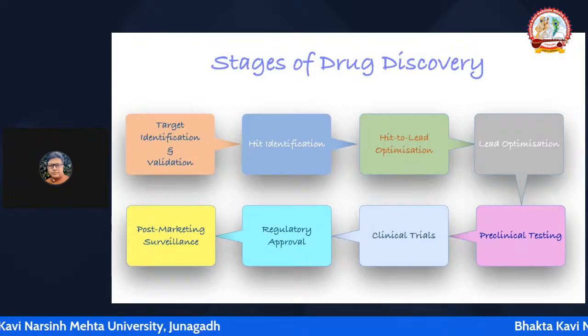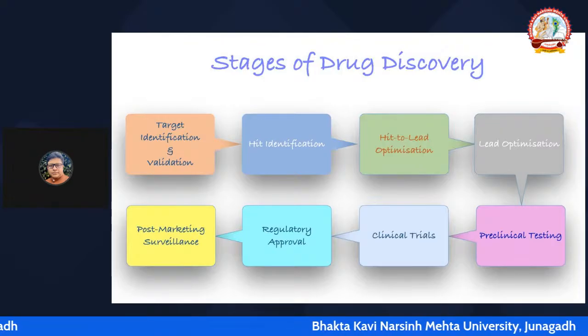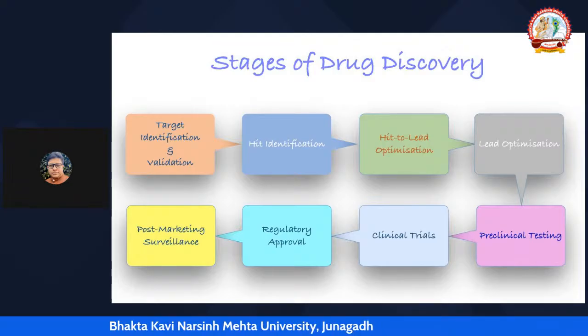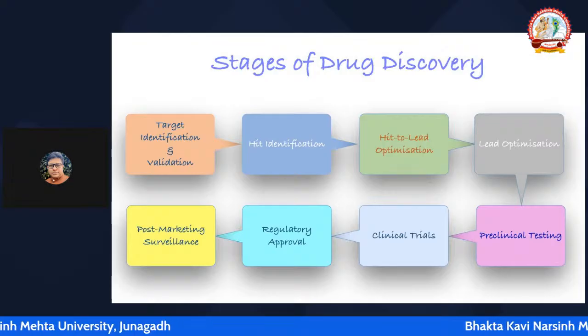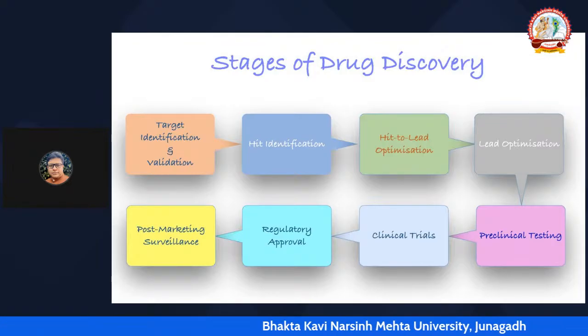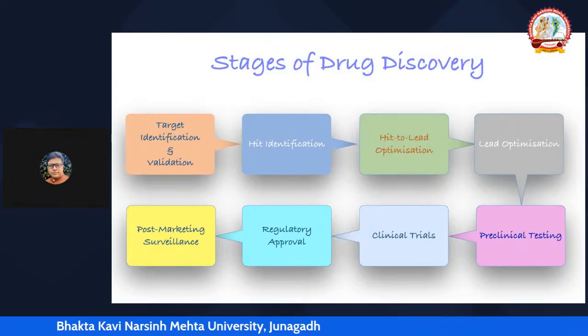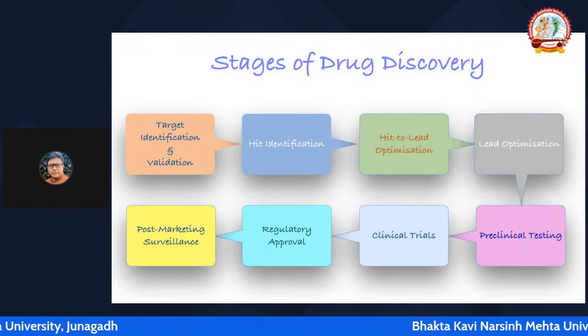That is because the target or protein on which they act is not available in the human system, for example dihydrofolate reductase. Dihydrofolate reductase is an important enzyme in the microorganism which is required for the synthesis of folic acid. If you inhibit that target, synthesis of folic acid is stopped.